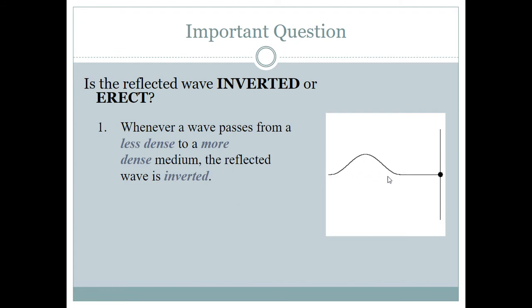So watch, it hits a heavy medium or a fixed end, and it comes back inverted. Watch this. Hits, inverts. Hits, inverts. So some of the energy comes back, some transmits, and see how it slows down in the slow medium. So from a less dense or fast medium to a slow medium, it comes back inverted. The transmitted wave always goes through on the same side.